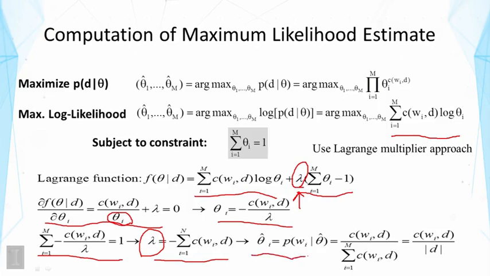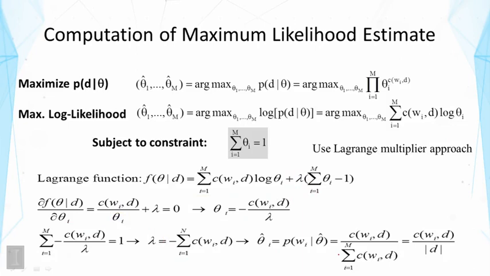And this further allows us to then solve the optimization problem, eventually to find the optimal setting for theta sub i. And if you look at this formula, it turns out that it's actually very intuitive, because this is just the normalized count of these words by the document length, which is also the sum of all the counts of words in the document.